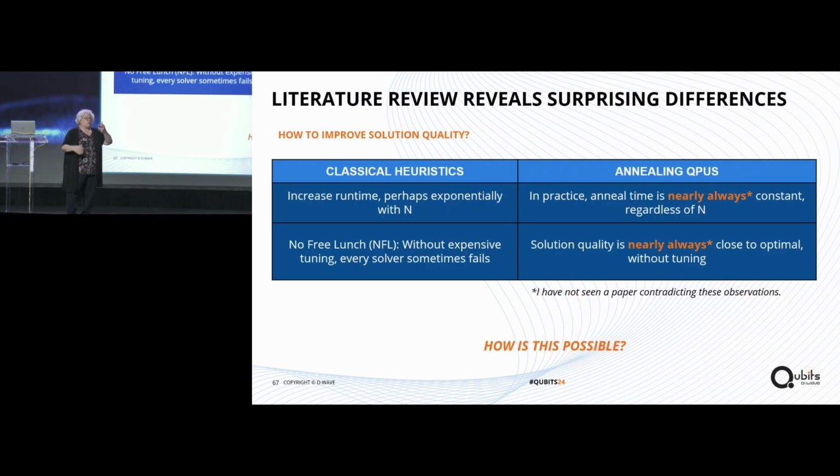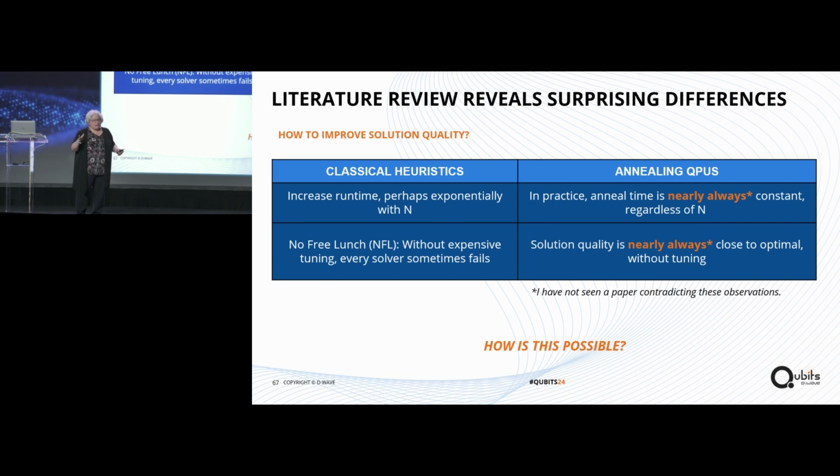So let's, in that context, think about this literature review, and this is where the surprising results were coming, for me anyway. Classical heuristics, we know that you have to increase the runtime to maintain a good quality solution as the problem size increases.